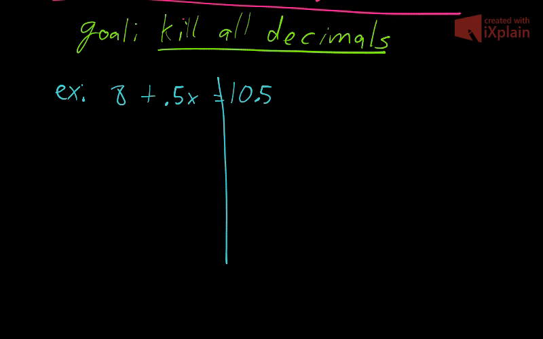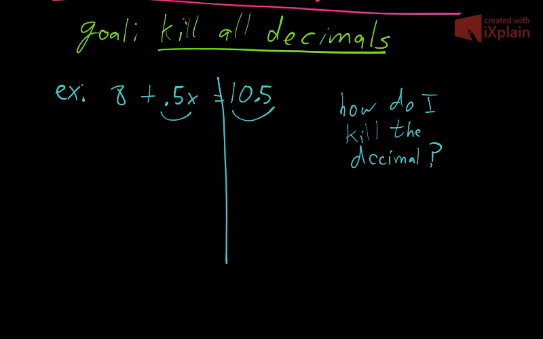So I'm asking myself, what could I do to the 0.5 here and to the 10.5? How do I kill the decimal? So what can I do to the 0.5 and the 10.5 to get rid of that decimal? And the simple answer is I can multiply by 10. I'm going to multiply both sides by 10.